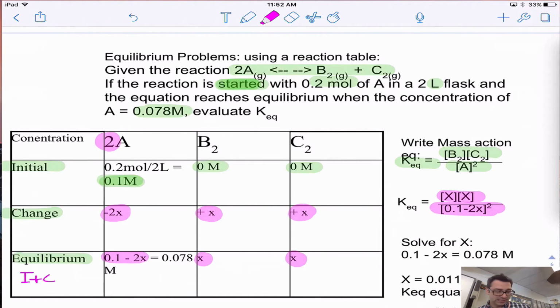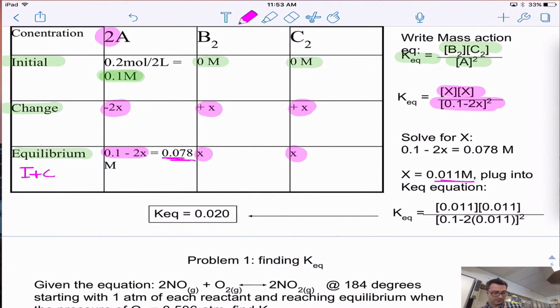Remember, here's A's concentration at equilibrium. It's given to me. And so I could set that equal to the 0.1 minus 2x for A and actually solve for what x is. X is 0.011. That allows me to plug everything into the equation. And then I can solve for KEQ. I get 0.02. The ICE table is meant just as a way for you to organize what's going on.